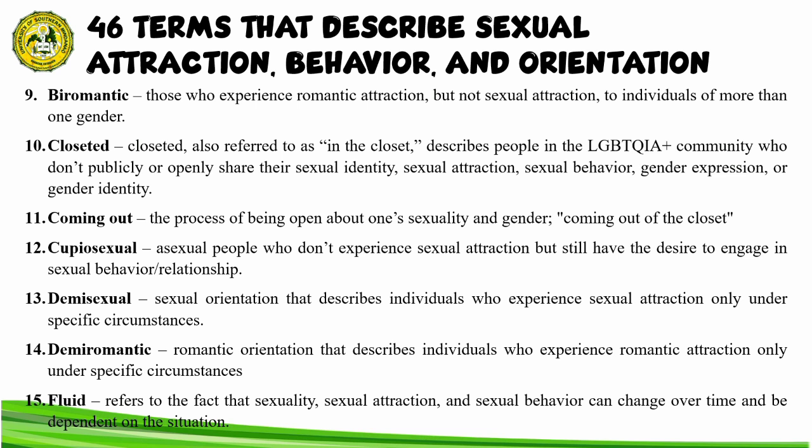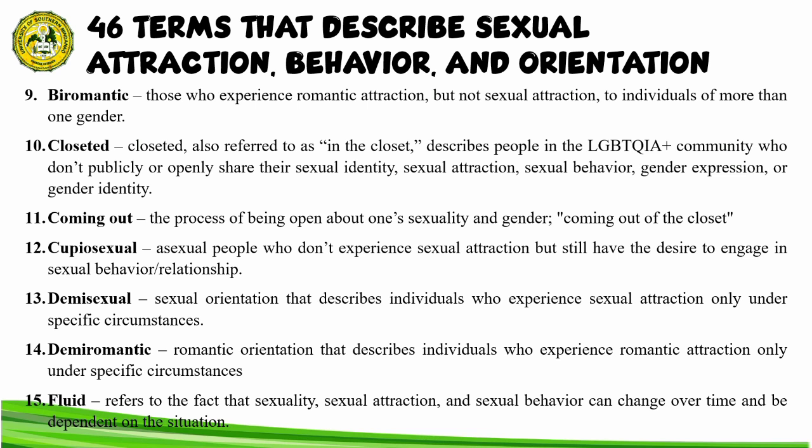Next, we have cupiosexuality, or cupiosexual. Cupiosexual is a sexual orientation on the asexual spectrum that describes people who experience a desire for a romantic relationship or sexual activity but do not experience sexual attraction.